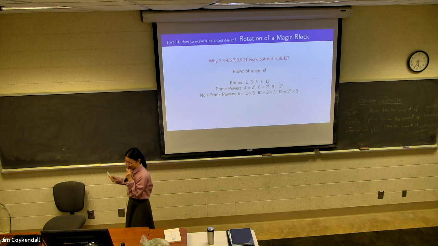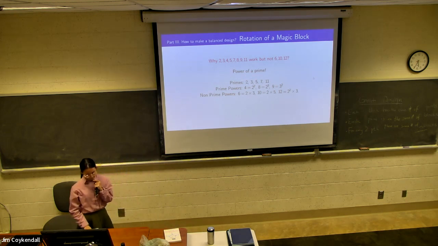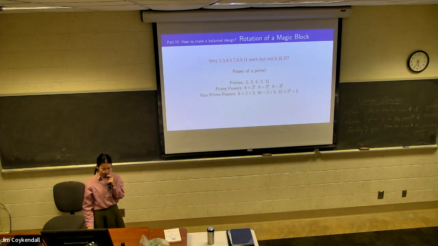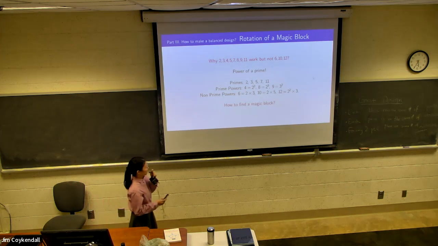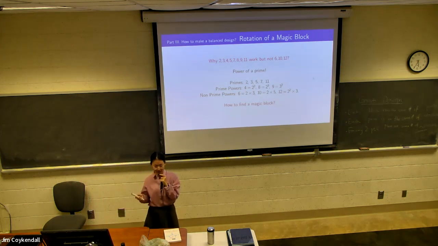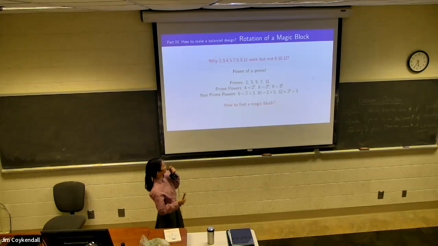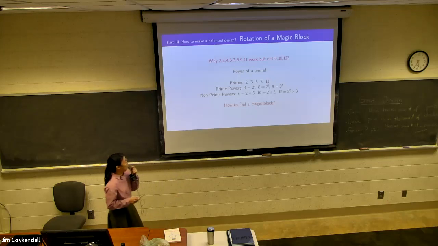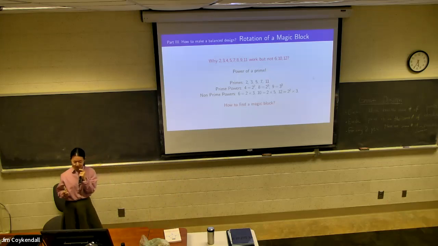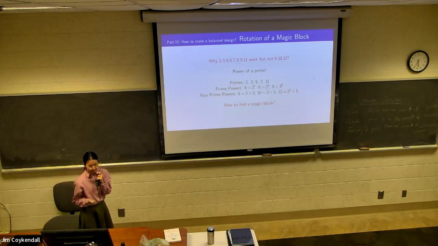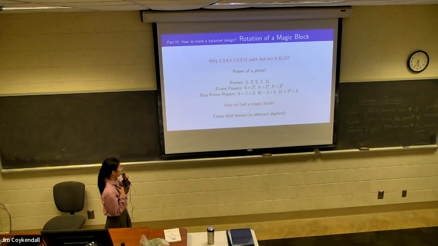Okay, then the next question would be, well, if I give you a power of a prime, how to find a magic block? So you seem to predict that if I start with a prime power, you will be able to get the magic block. How can you find that? The answer is from finite field theory. Has anyone studied finite fields?